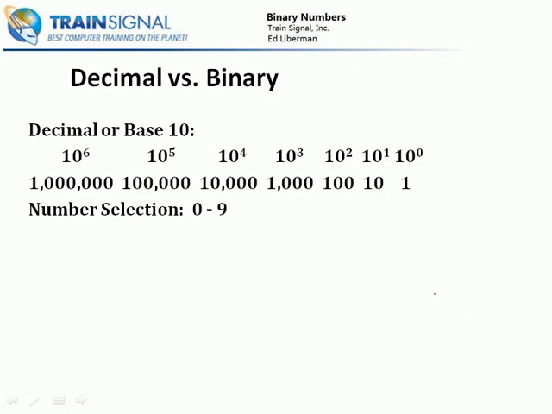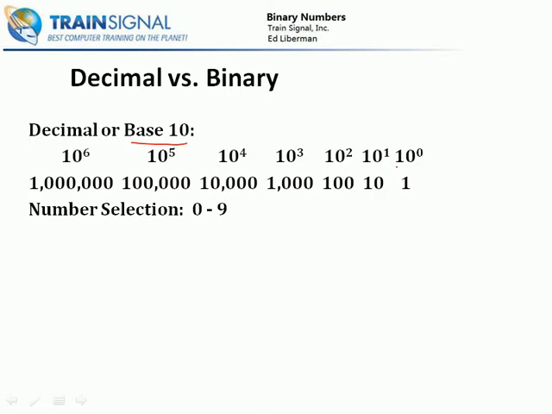First, we have the decimal numbering system, or what's also known as base 10. Now, every numbering system has a base, and there are really two purposes behind the base. One is to come up with our column values.